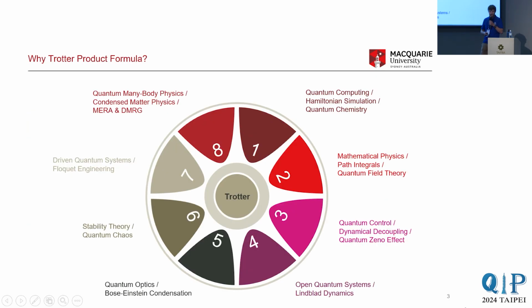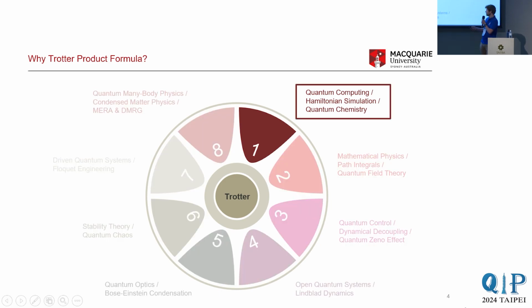So briefly, why do we even care about Trotterization? The Trotter product formula appears in a lot of areas in quantum physics. I don't want to mention all of these. I just want to focus on Hamiltonian simulation and quantum chemistry because it blends neatly into this session.